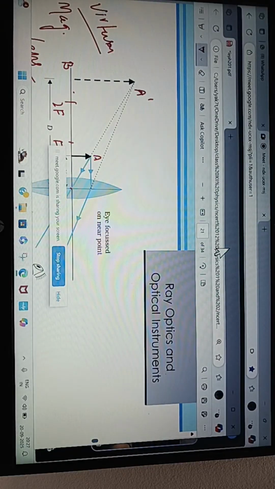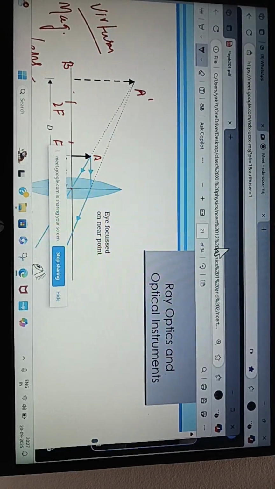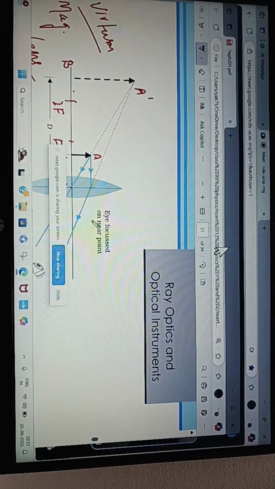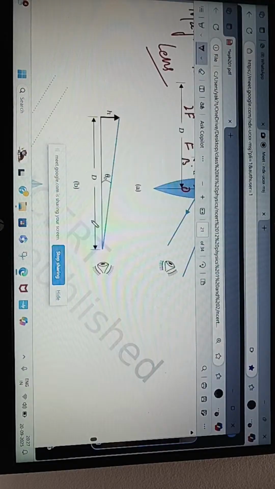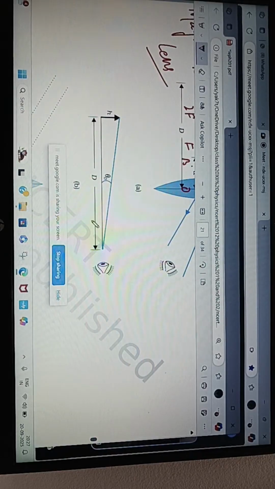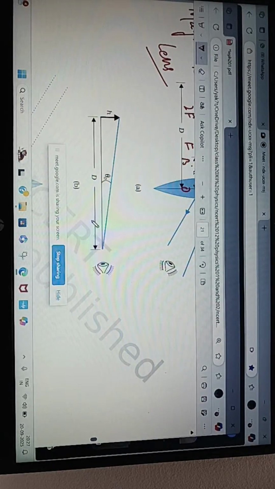Next, you tell me. What is given here next? You understood now? Yes, sir. What is theta 0? You tell me. What is the name of it? Theta is called angular displacement of the object.